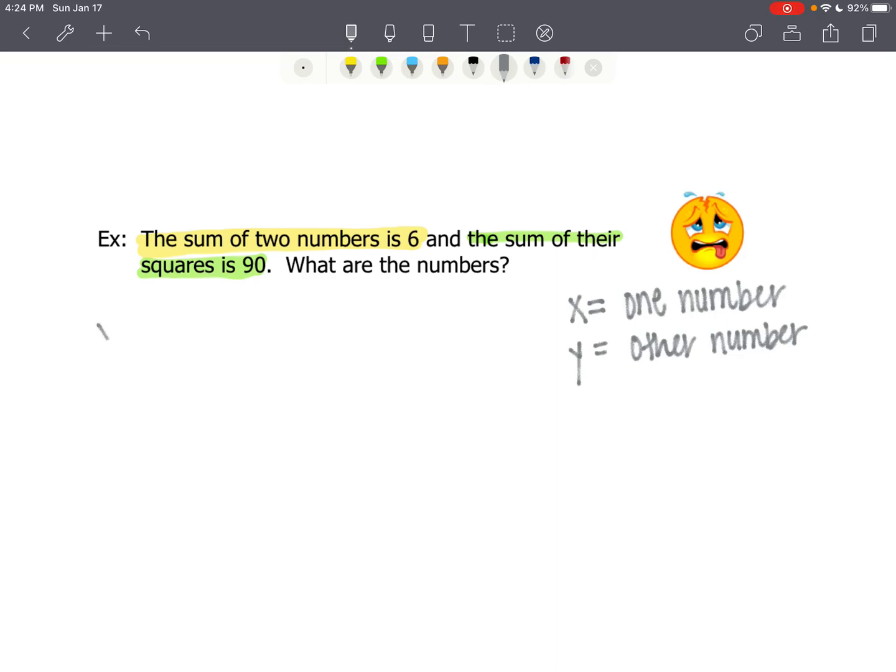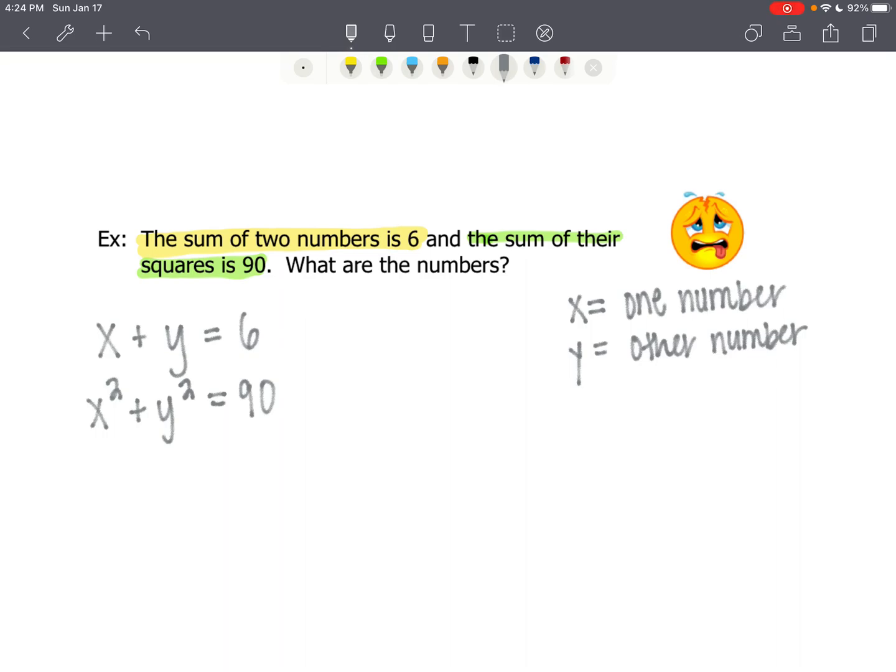The sum of the two numbers, so x plus y, is equal to 6. And the sum of their squares is 90. So squaring and the sum of those squares, x squared plus y squared, is equal to 90. Now we know that we can't solve an equation with two variables. We can only solve an equation with one variable.